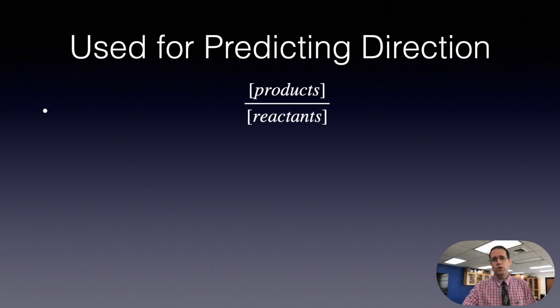Now this is used for predicting the direction of the chemical reaction if you don't have something at chemical equilibrium. And we're going to look at this ratio of products over reactants to help us think and rationalize in which direction a chemical equilibrium goes. Okay?